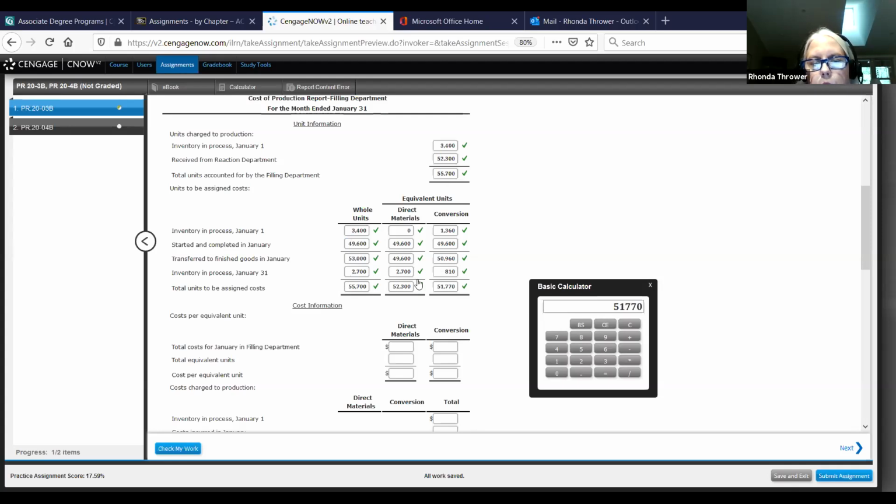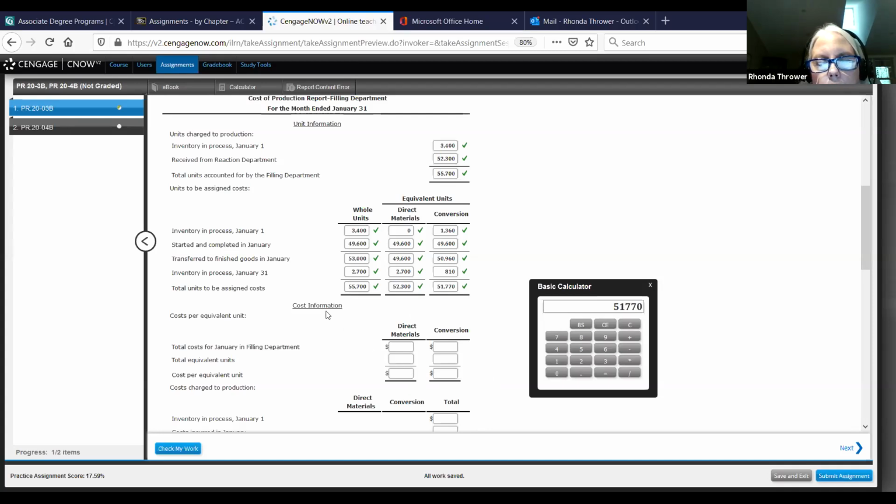You have to determine the equivalent units for materials and conversion separately. The materials equivalent units is going to be plugged into the total equivalent units that you are determining in the next section. So this has to be right before you move forward.